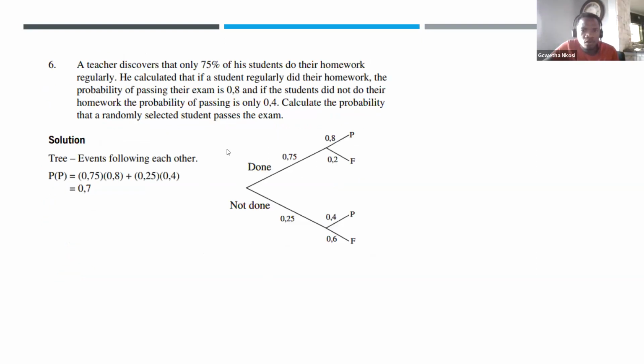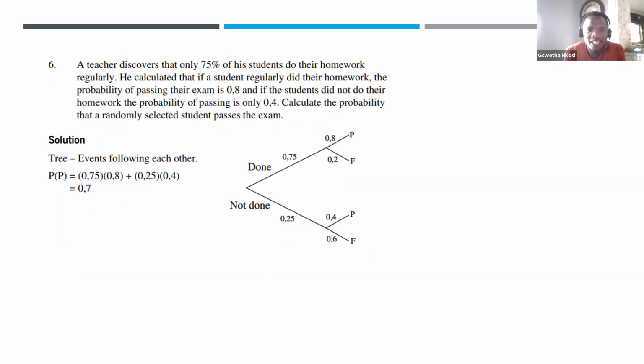Let's look at this one. A teacher discovered that 75% of his students do their homework regularly. That's the struggle. We know that most students don't give a damn about doing homework, but I hope you are not the ones who are not always doing their homework.